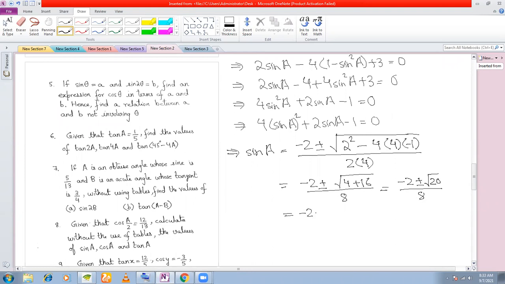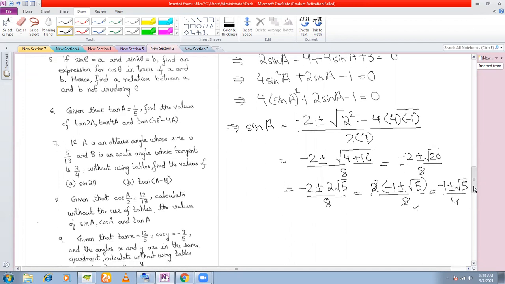Now you can write 20 as 2 root 5. Now you can take 2 common in the numerator, so that this and this will cancel. You ultimately get minus 1 plus or minus root 5 divided by 4.